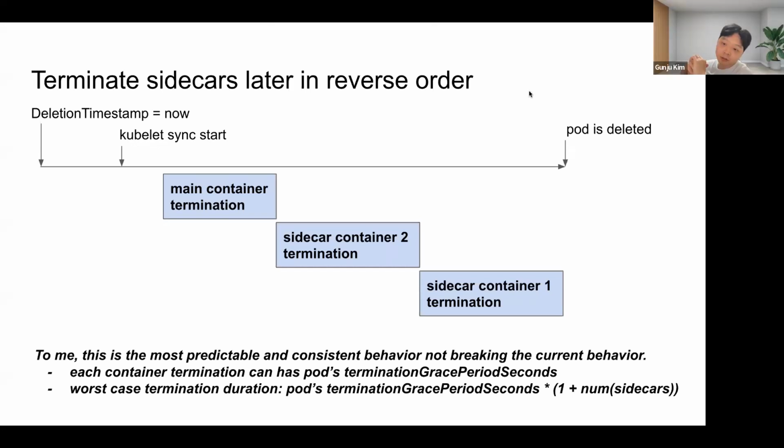Yes, I think I'm on the same page with Gunjo. How do we implement ordering? I thought we will just start terminating at one time, and then when all main containers are done, we will send SIGTERM to all the sidecars. So I thought that we agreed on that. I guess I need to read carefully. Yeah, but I think that was okay for alpha. Let's reopen the cap.